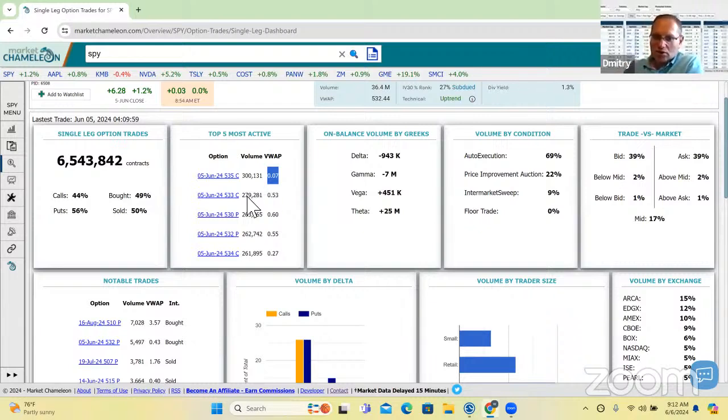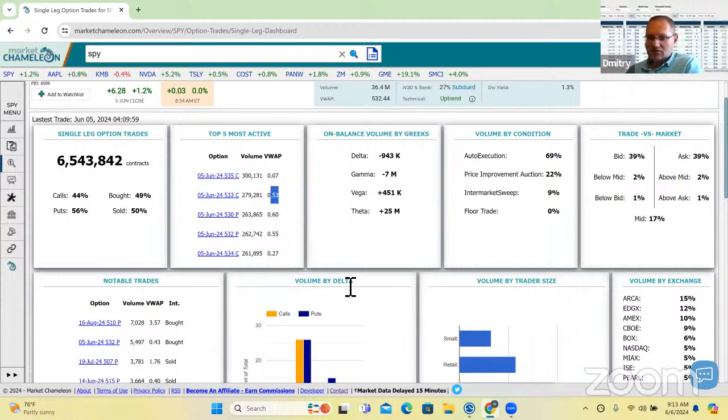The next one is the June 5th 533 call, VWAP price 53 cents. You can see here there are two puts and another call, and they're all on the June 5th expiration. In SPY, almost every day the most active options are those 0 DTEs, so it's not a surprise that all or most of these will be 0 DTEs.